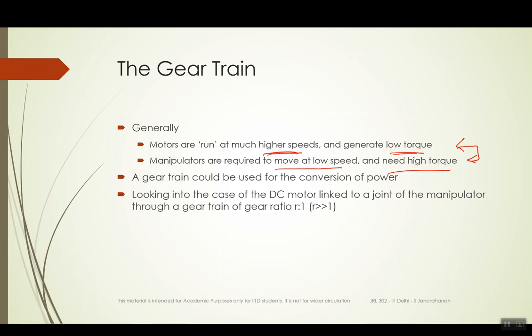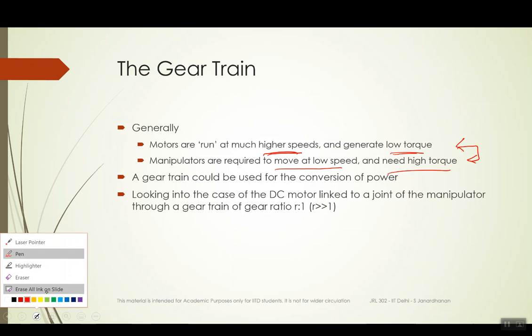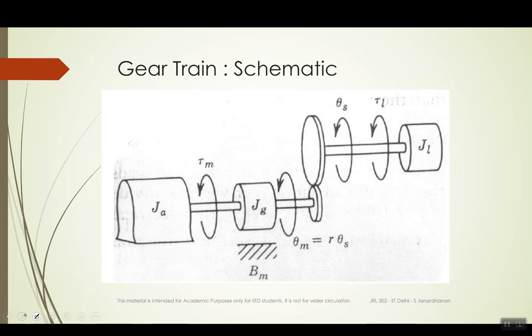And what you need is a gear train that will convert from high speed to low speed. So you need a gear train which has a high gear ratio and looks like this. Okay, so this is your actuator, this is your gear train, this is your load side. The motor angle and the angle of the load are related by the relationship theta m is r times theta l.